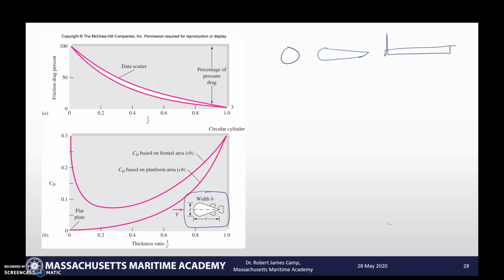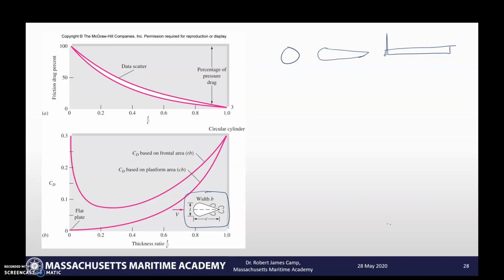And we're looking at the thickness ratio, T over C. T over C of 0 would basically be a flat plate, and it's getting more and more round as we go. A T over C of 1, which means the thickness and the chord are the same size, would just be a cylinder.